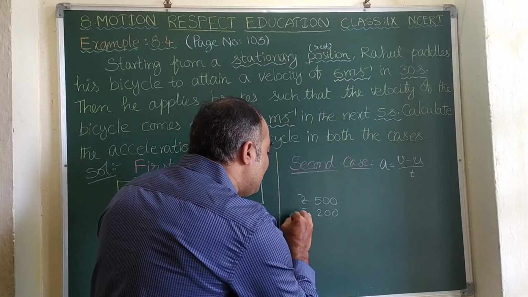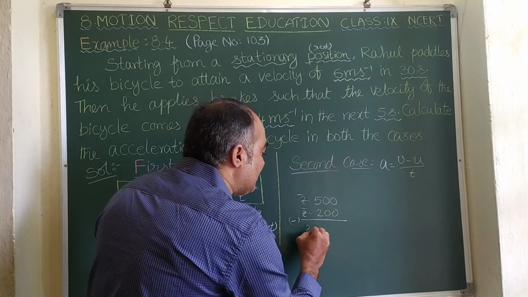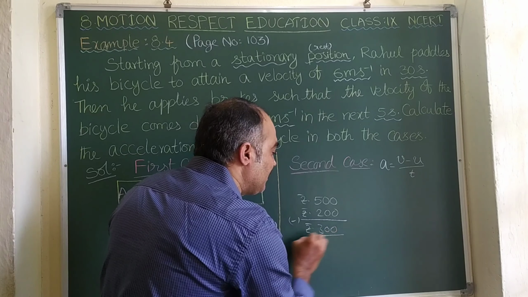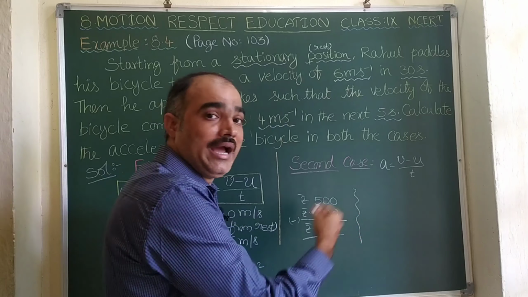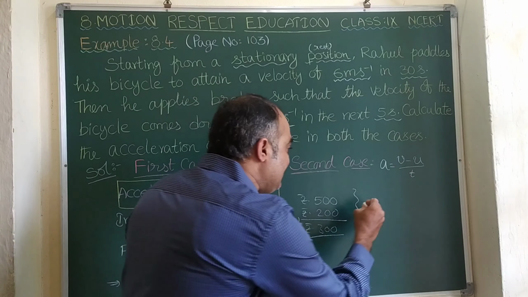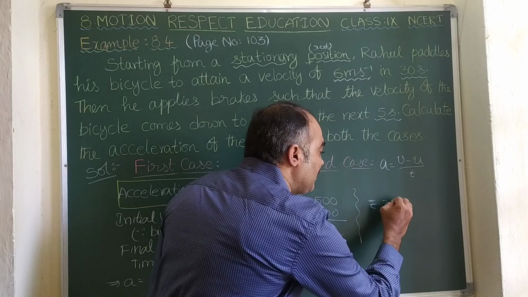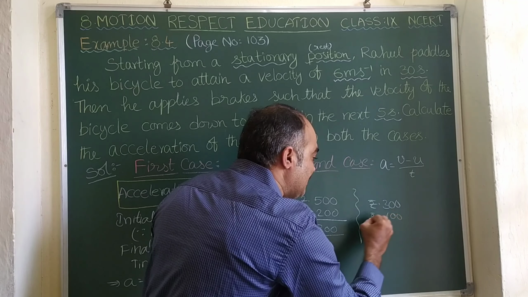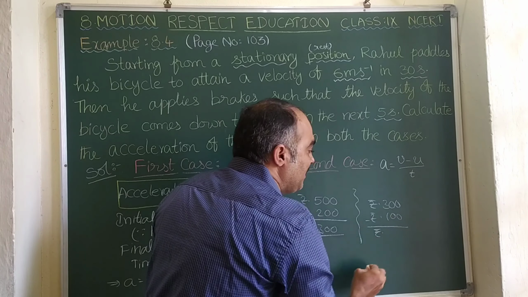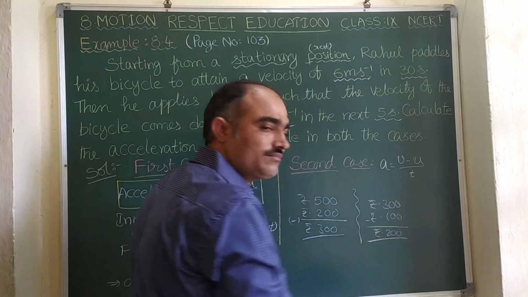How much balance will be there in your hand? 500 minus 200, 300. Clear? With this 300, if you go to another shop, then this 300 will be in your hand. If you spend 100 rupees more there, then your balance will be 200.